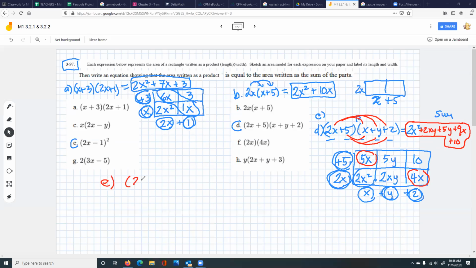E, 2x minus 1 squared. A lot of people think that you're just going to square this and get 4x squared minus 1. That is wrong. And why? To see why, we have to make a binomial times a binomial square. 2x minus 1 squared means 2x minus 1 times 2x minus 1.